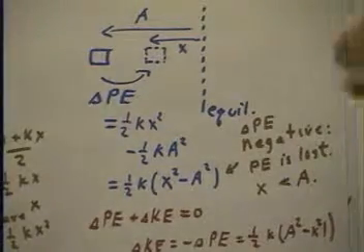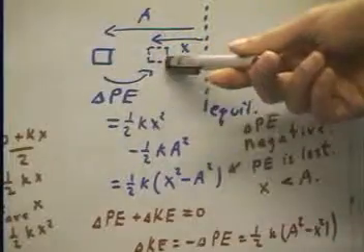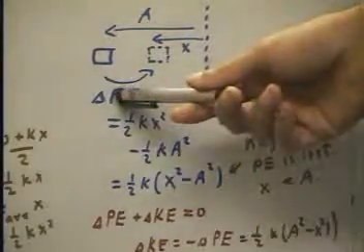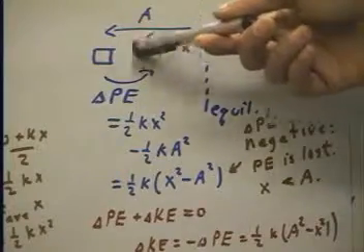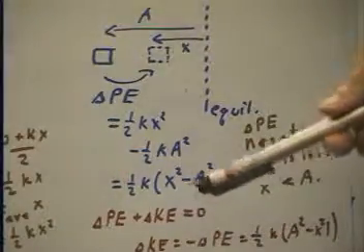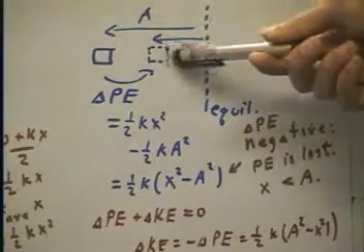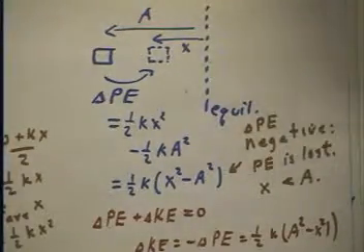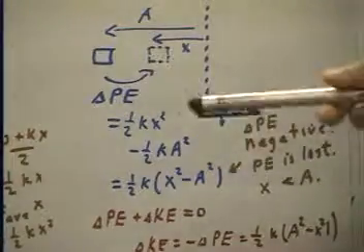So, if we move from the extreme position A to position x, what's our change in potential energy? Well, it's going to be the potential energy that we end up with minus the potential energy we started with. Now, just intuitively, do you think the potential energy is going to increase or decrease here? Well, there's more potential energy here than there is here, so it's pretty clearly going to decrease.